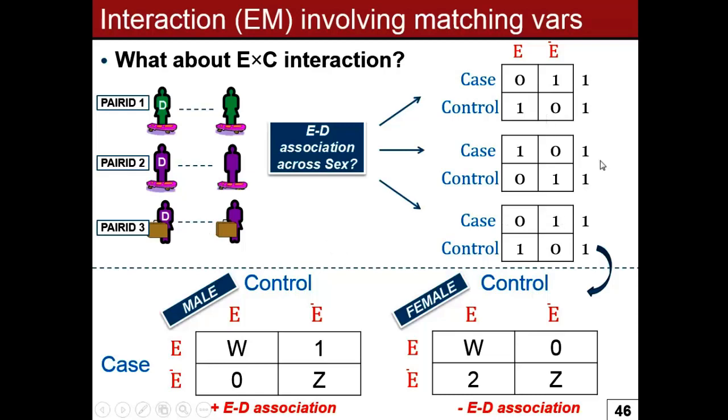But what if in pair ID 1, the pair looked like this, where the case was not exposed and the control was? This is one of the Y tables, where it's going against the association. Here in pair ID 2, it looks like this, and so forth.